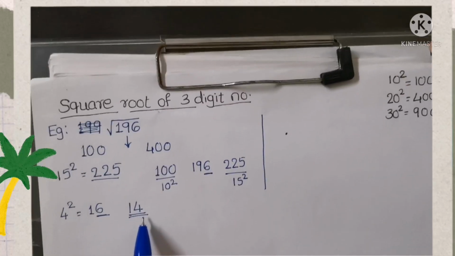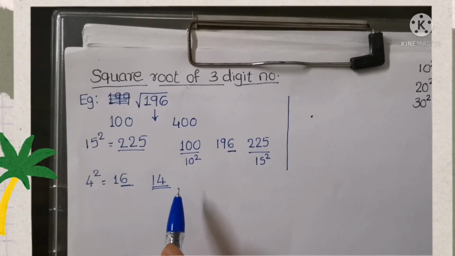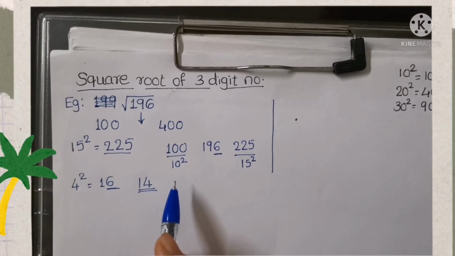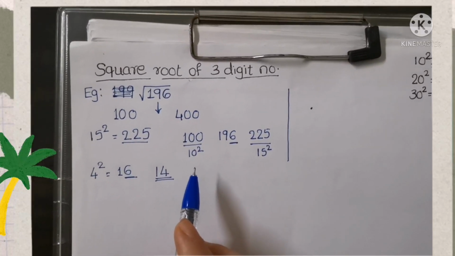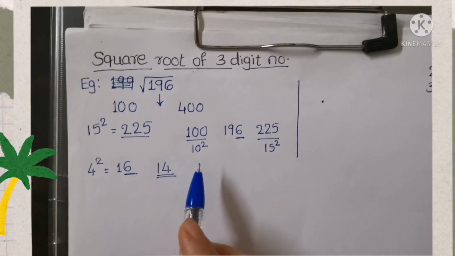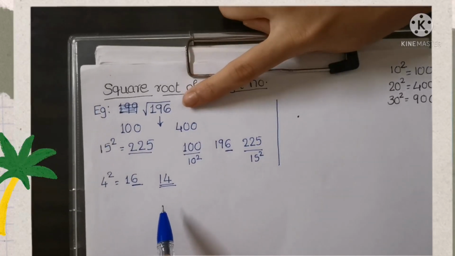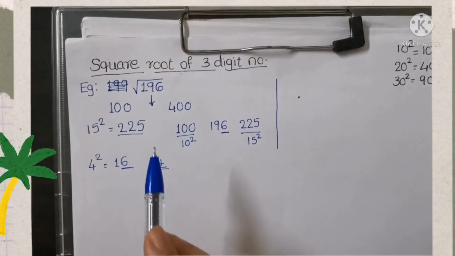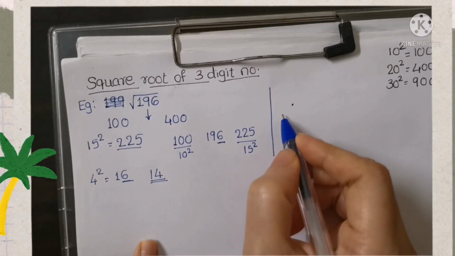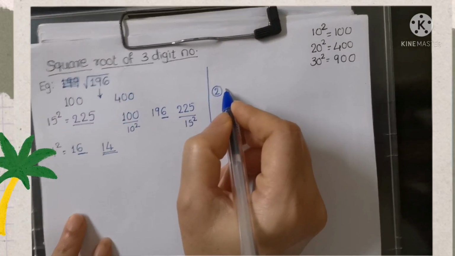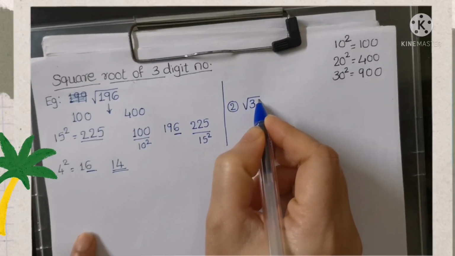The tens digit, as we have discussed, will be 1 only, because our number lies between the square of 10 and 15. The unit digit should be one whose square ends in 6, from 1 to 5. So 4 has the unit digit 6 as its square, so we will get 14.